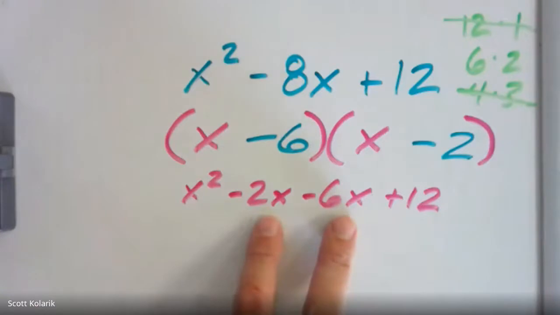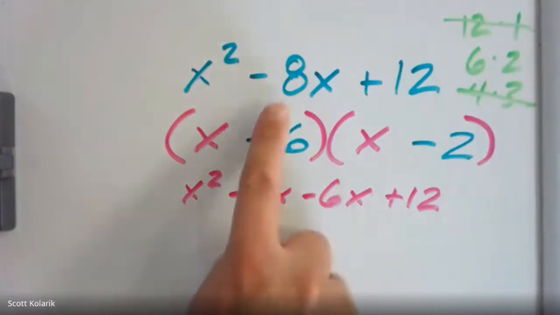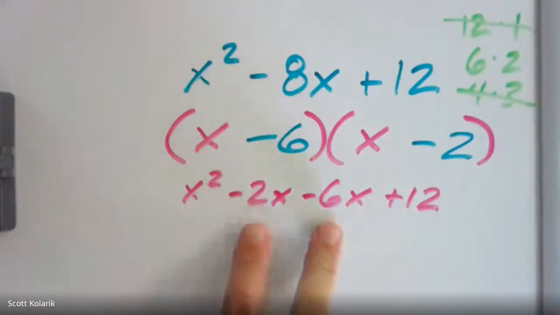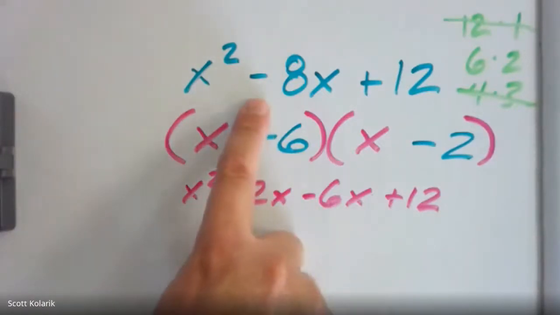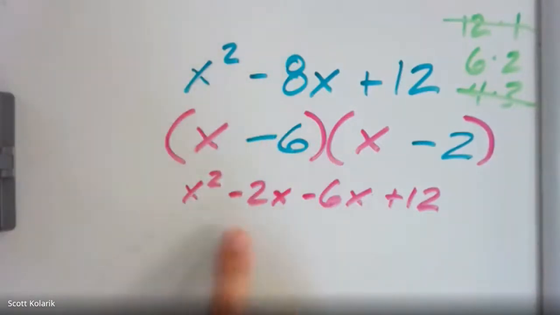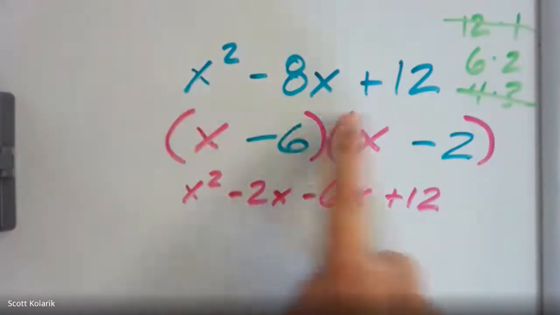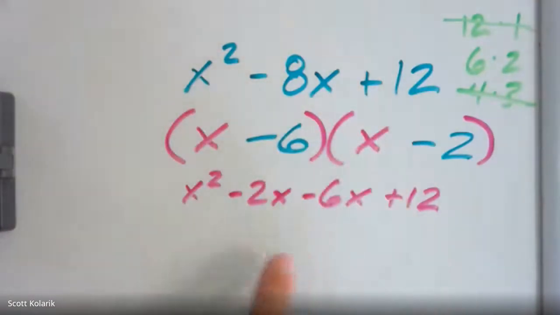And when I combine these common terms, they need to combine to make this middle term. So they end up adding together. Now the negative 2 plus negative 6 became more negative. That's why it stayed negative there. But what you can see is that by distributing, I get right back to my result, which is what should happen. Technically, this is just a way of checking your work, though.